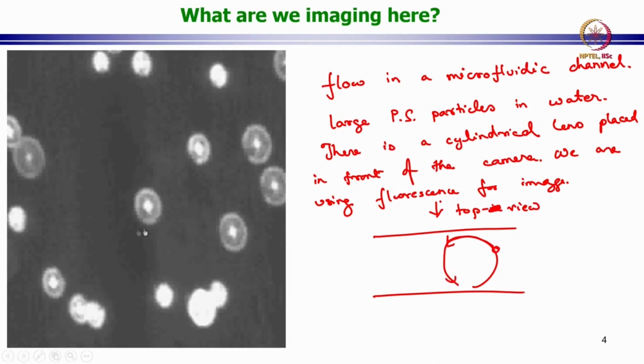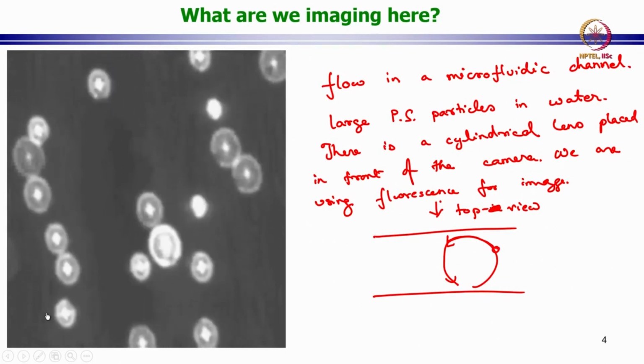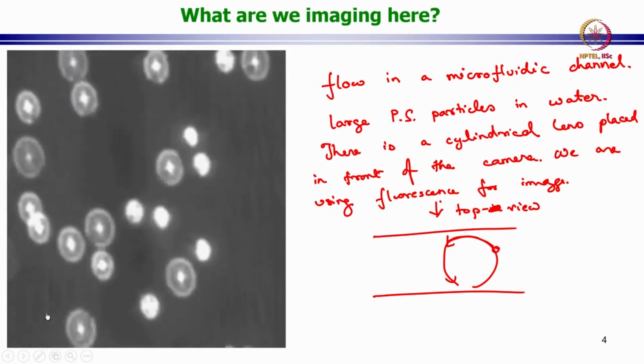You can see the size of these particles changing as they approach your focal plane and then go away from it. The particles are bright, the sizes are changing, and they are all ellipse like, right. It is not a circle, these are elliptical. The elliptical nature comes from the use of the cylindrical lens right in front of the camera, and that is done deliberately.